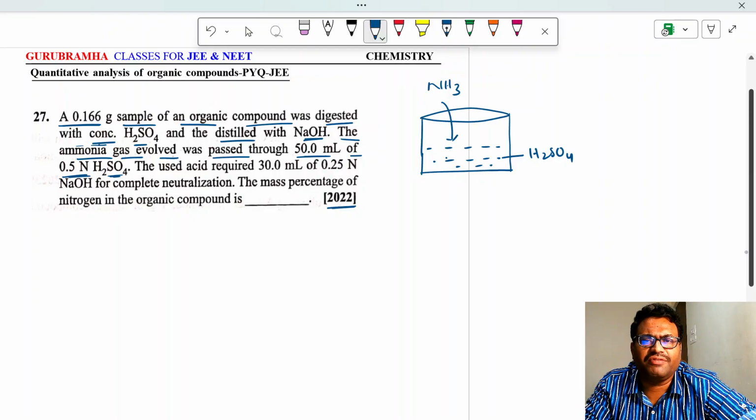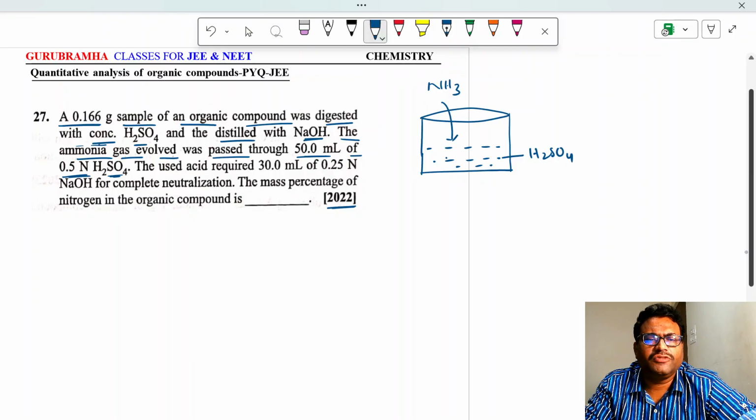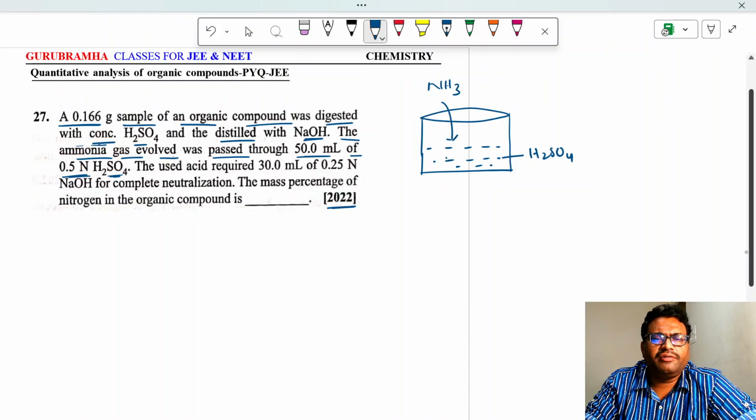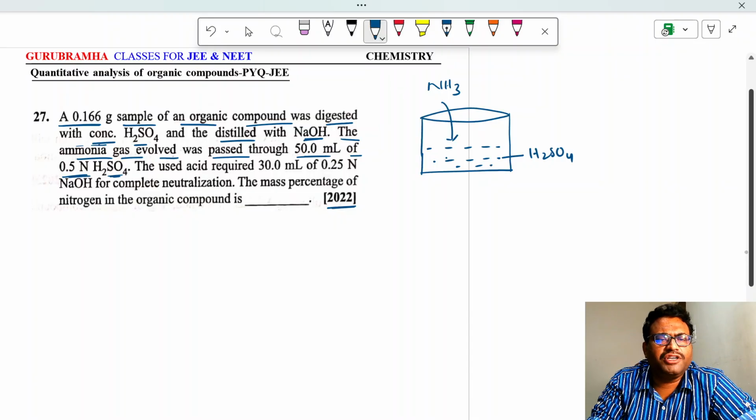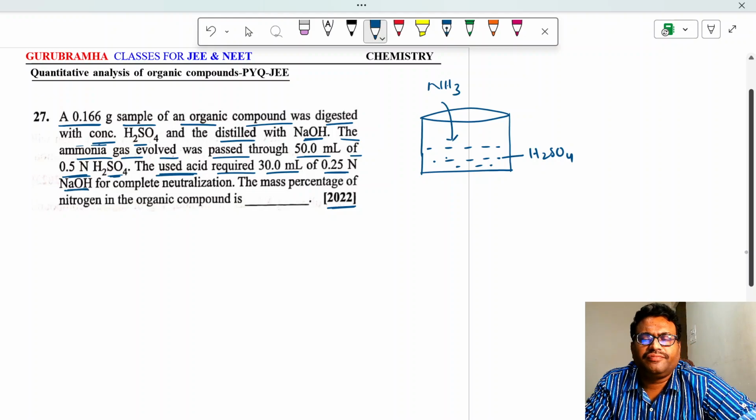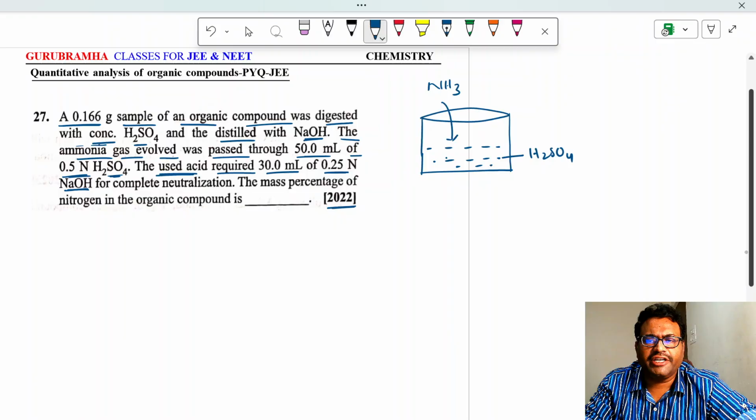These things we have already discussed. Here, how many milli-equivalents of the used acid required 30 ml of 0.25N NaOH? Right?